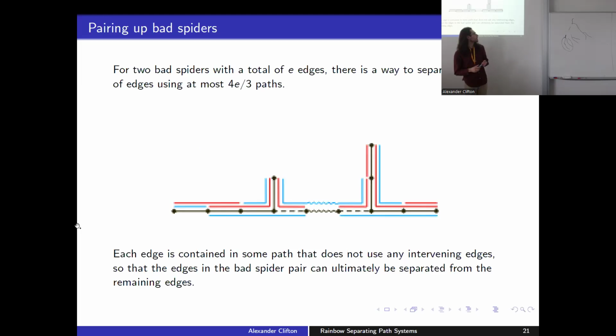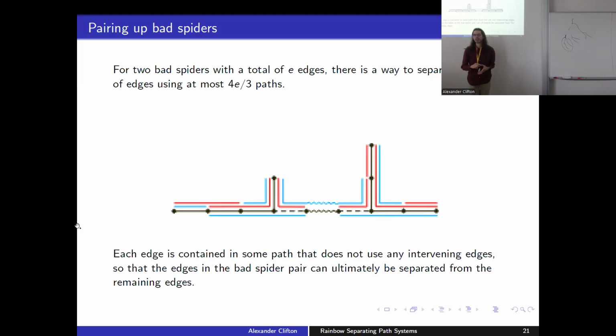This part in the middle is just saying that there is this blue path that's using intervening edges. But here, I'm actually taking advantage of the hats as well. So including the hats, I have 10 edges. I actually give you 13 paths, which beats 4/3, such that every edge in one of these bare spiders is not only separated from the others within the same bare spider, but it's also separated from the ones in the other bad bare spider.